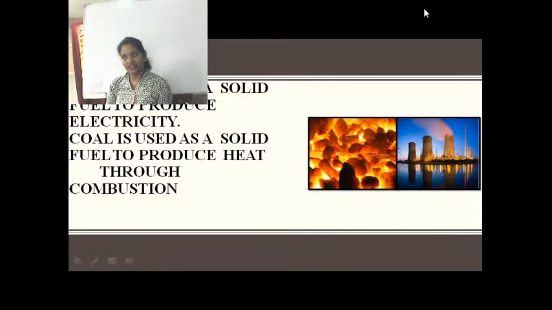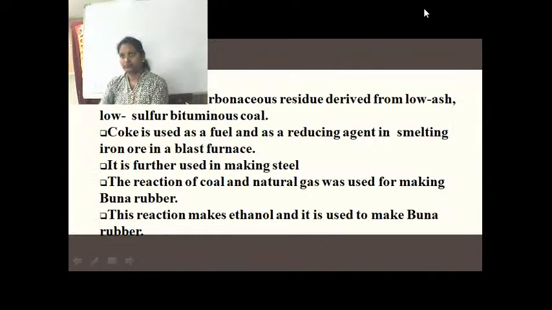The coal is burned to heat water, and the steam is converted into electricity. So it is called a thermal power station. Okay. So coal is used as a solid fuel to produce heat through combustion. Combustion means the burning process. Then coke. So these are the uses.